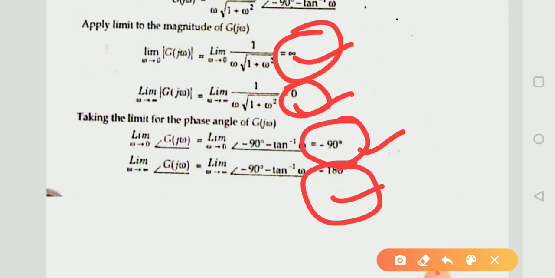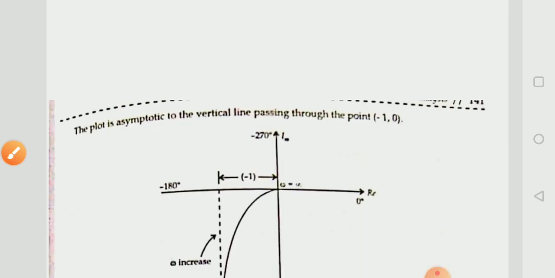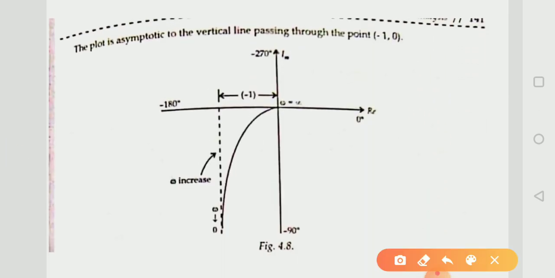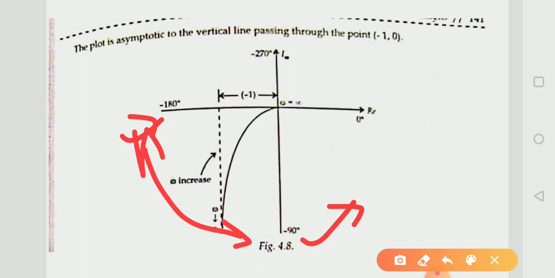So we have here two angles, minus 90 and minus 180. So here minus 90 is here and minus 180 is here, and at first analysis the graph is like between here, so this graph is correct.